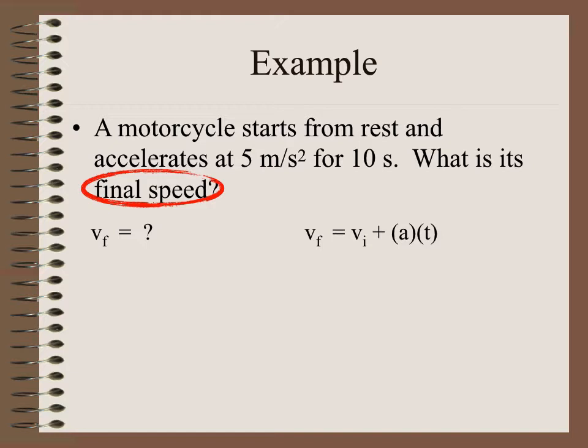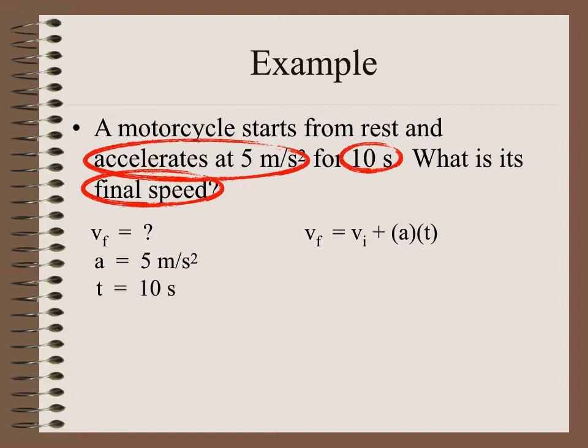So we put that down. Now notice, for this, we need the initial speed, the acceleration, and the time. And it tells us that it accelerates at 5 meters per second squared. So that's our acceleration. For 10 seconds, seconds indicates time. So t equals 10 seconds. But we still need an initial speed.